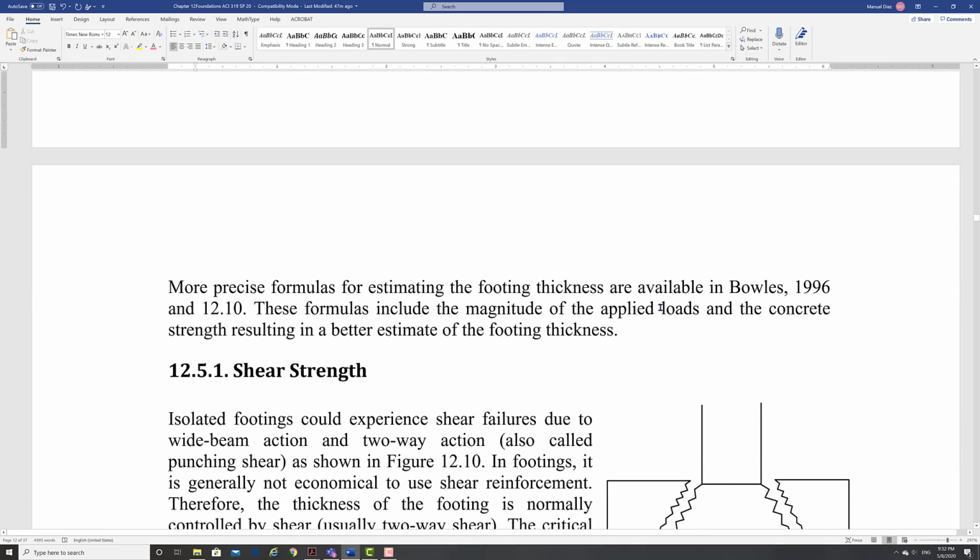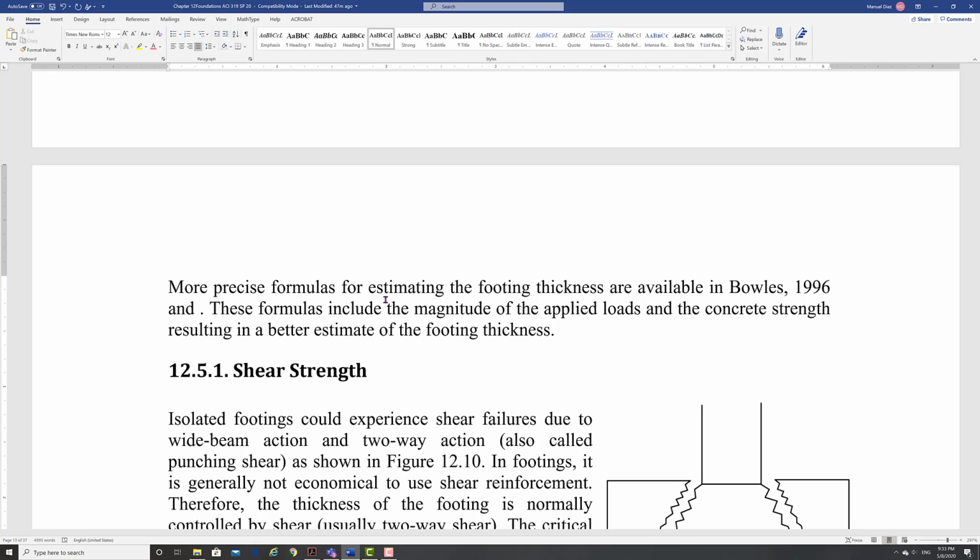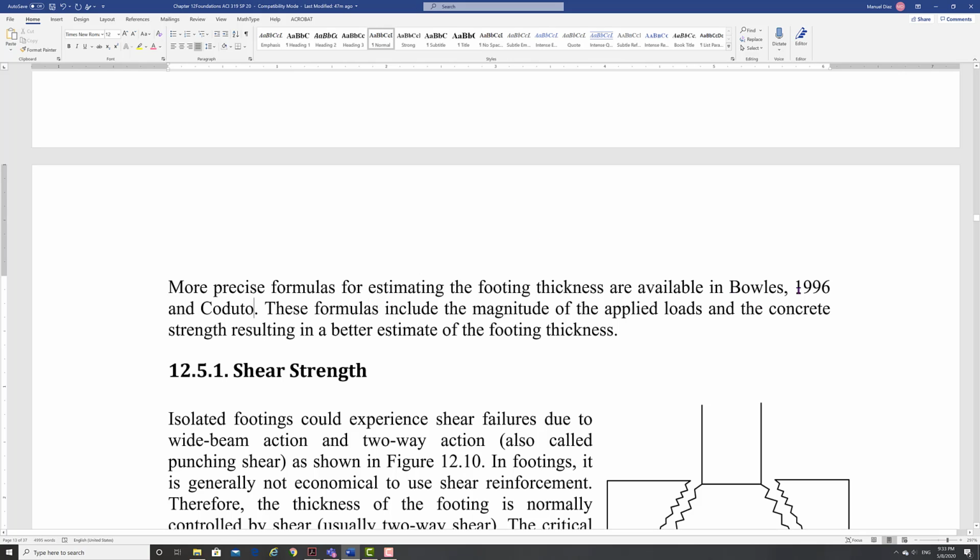There are other formulas in your geotechnical books for foundations. You can find those, and so you can do those. And 1210? No, 1210 is another reference. There's another book. That's Coduto's. Coduto also has a good foundation book. Bowles here is an old book, but it's very comprehensive.